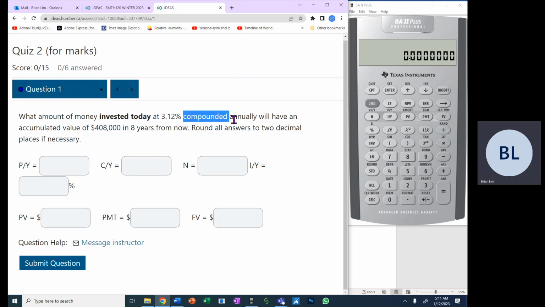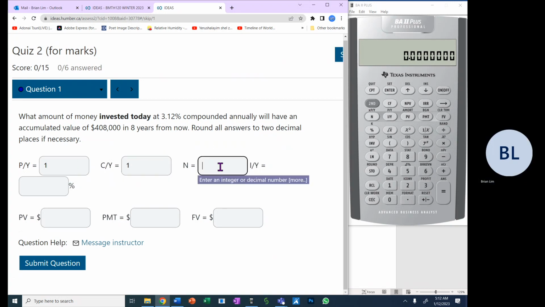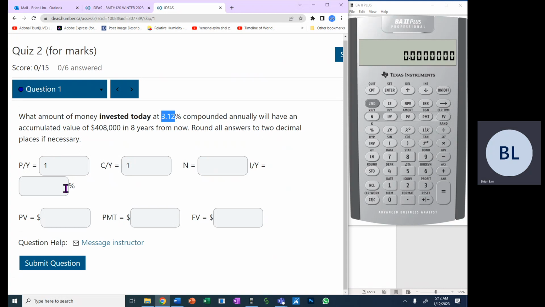Now, compounded annually tells us that PY will be 1 and CY will also be 1. We'll skip over N for now, and we go to the interest rate, which is 3.12. So we just put that in here.